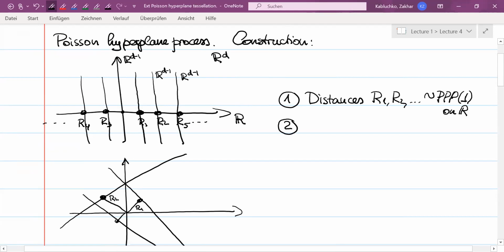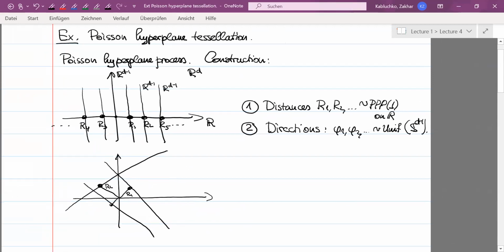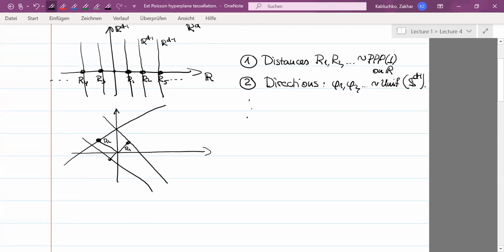And second, we need directions. I call them phi1, phi2, and so on, which are uniform on the sphere. So uniform directions on the sphere, and all objects are independent.